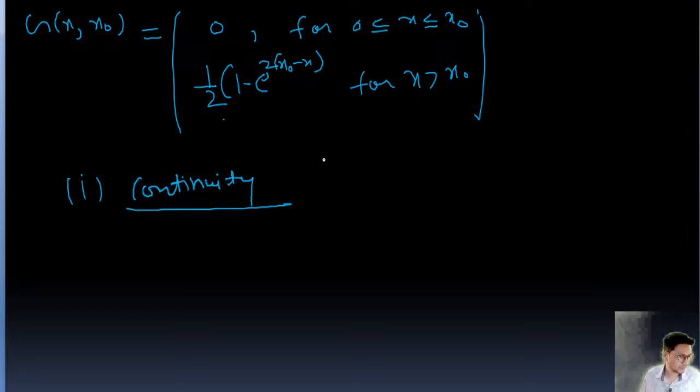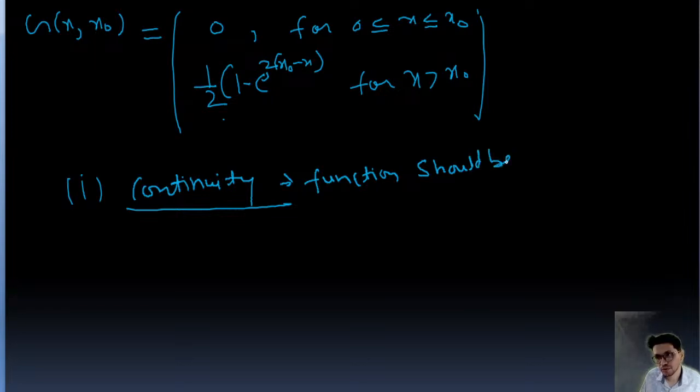What do we do for continuity, guys? This function should be continuous at x equal to x naught, right?